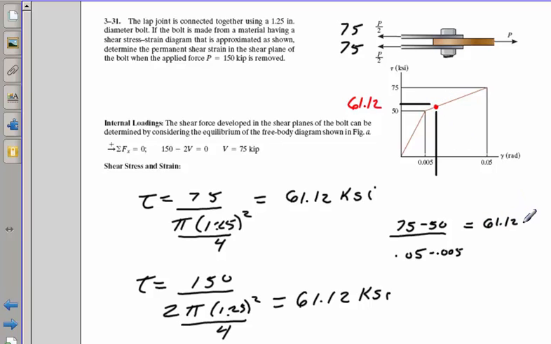You can do rise over run over this strain value here, minus the 0.005. Okay, if you find that value, you'll find out that the strain is going to be 0.02501 radians.